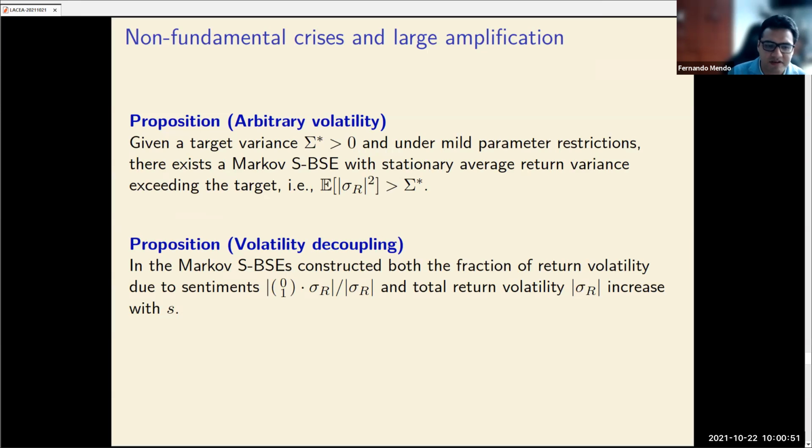Another interesting thing is that even though I can increase the volatility of capital returns as much as I want with my construction, the larger the volatility of capital returns, the larger the share associated with the non-fundamental shock. So you have a decoupling: you can have a lot of volatility of capital returns, but the volatility associated with fundamentals is going to go down. Okay.